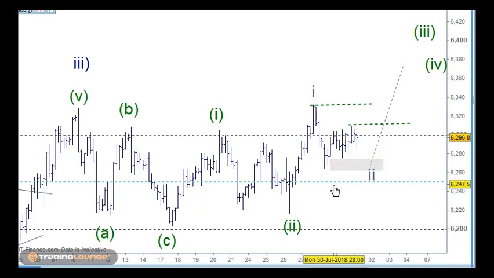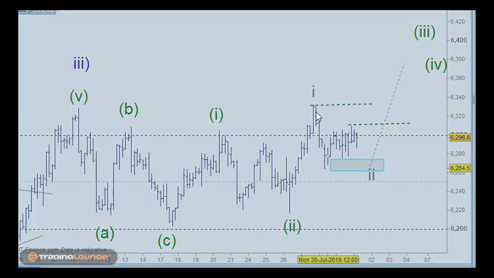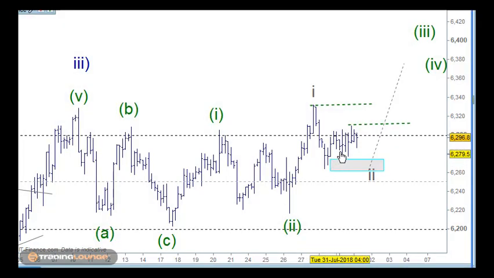Also, the move down through here does appear to be in 5 waves. So 5 waves here, then a corrective move here, and then another 5 waves coming down back into this space here as wave 2. So an A wave and a B wave and a C wave, and that's what we were looking at before too, last time we spoke.